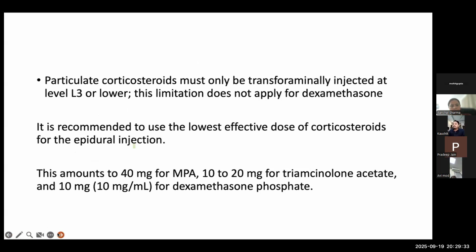Again, they have advised that particulate steroids must only be injected transforaminally at or lower than the level of L3. And of course, this limitation does not apply for dexamethasone. Apart from that, they have recommended the lowest dose of steroids to be used, such as 40 mg of methylprednisolone, 10 to 20 mg of triamcinolone, and 10 mg of dexamethasone.